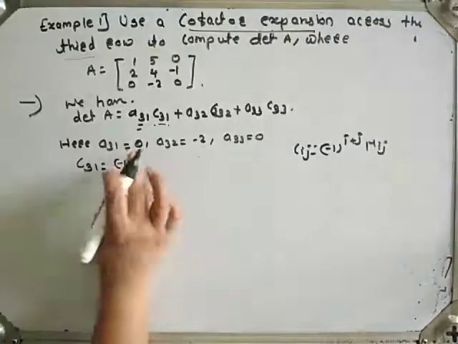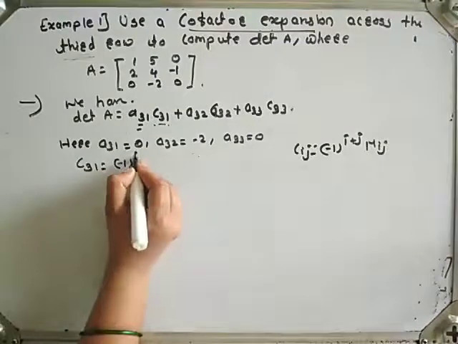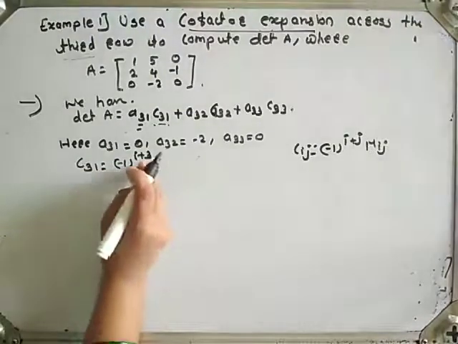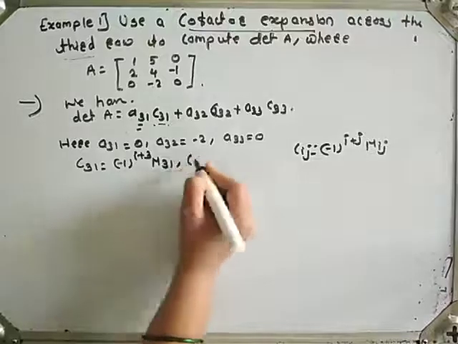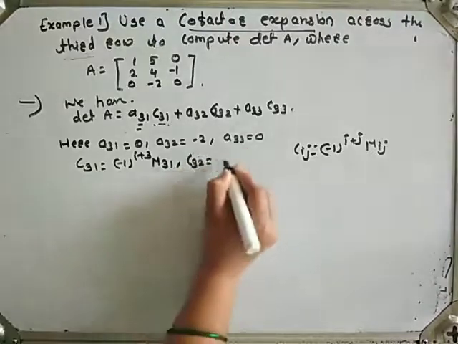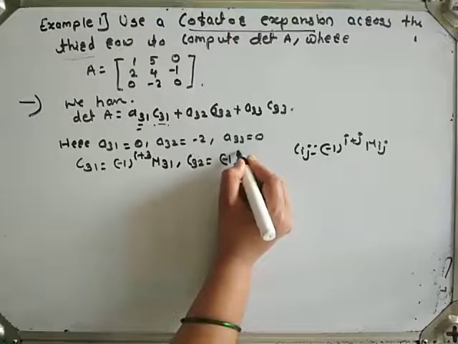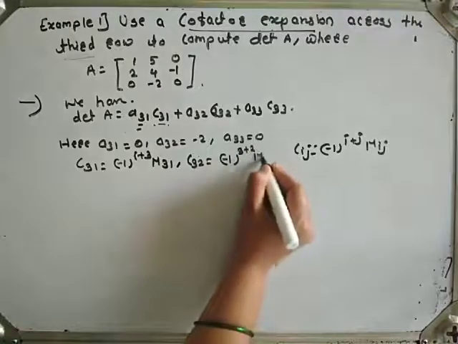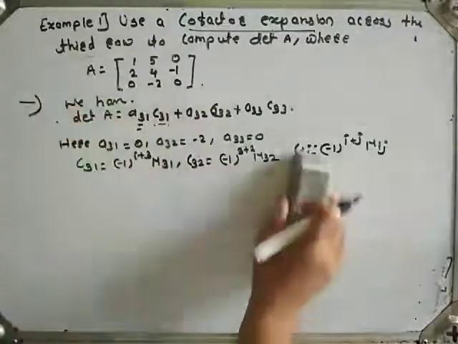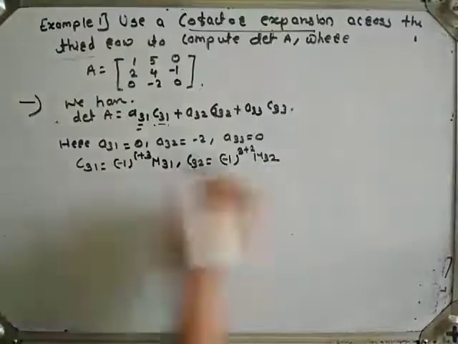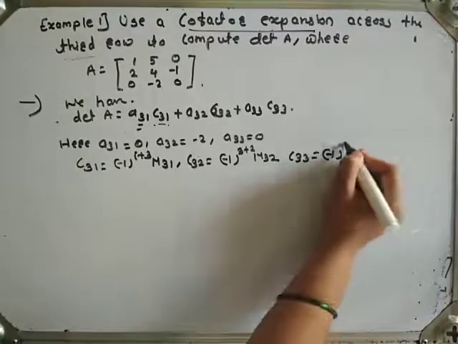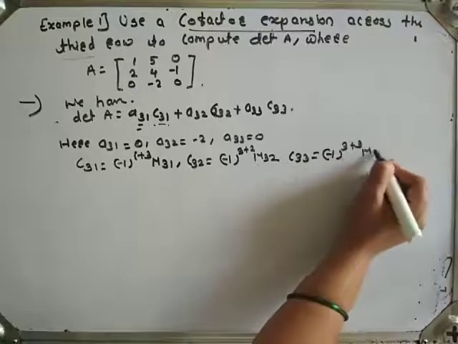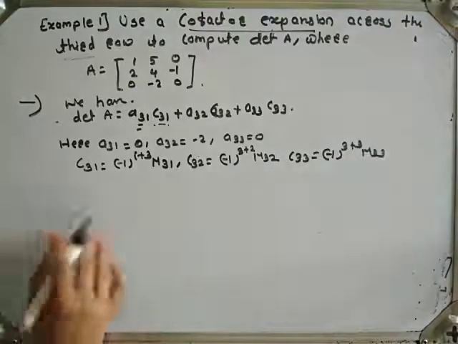So C31 is minus 1 raised to 3 plus 1 into M31, C32 is equal to minus 1 raised to 3 plus 2 into M32, and C33 is equal to minus 1 raised to 3 plus 3 into M33.